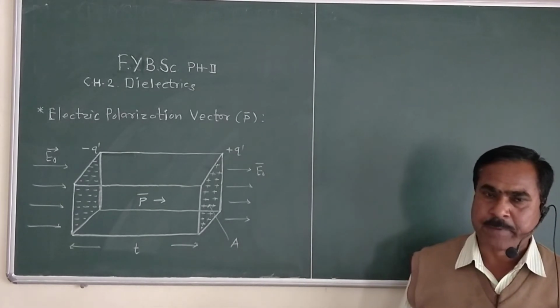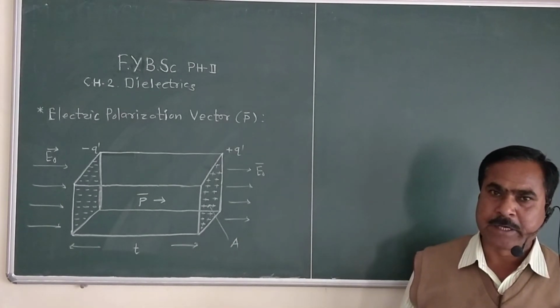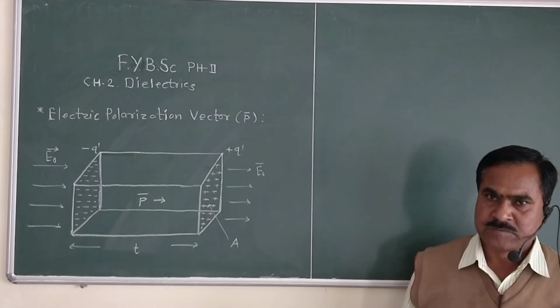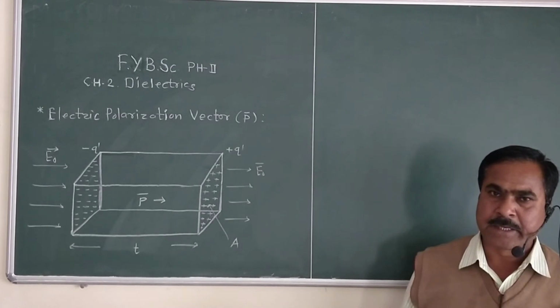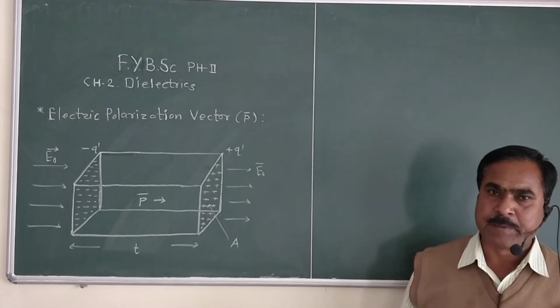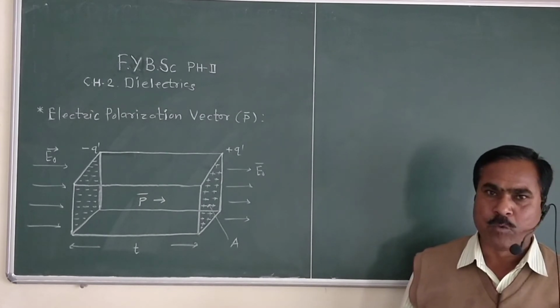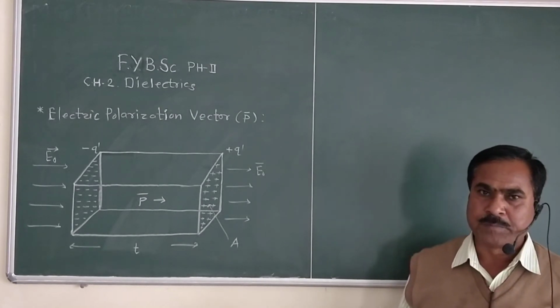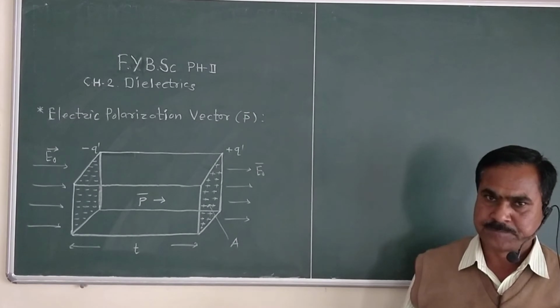Now first we define what is meant by electric polarization vector. The definition is: the electric polarization vector is defined as the net dipole moment per unit volume of the given dielectric material.